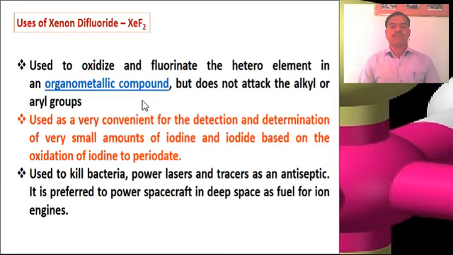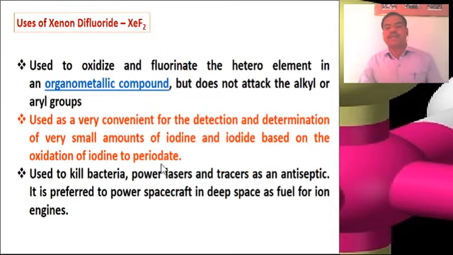Then, the uses of xenon difluoride. Xenon difluoride is used to oxidize and fluorinate the hetero elements in an organometallic compound, but does not attack the alkyl or aryl groups.